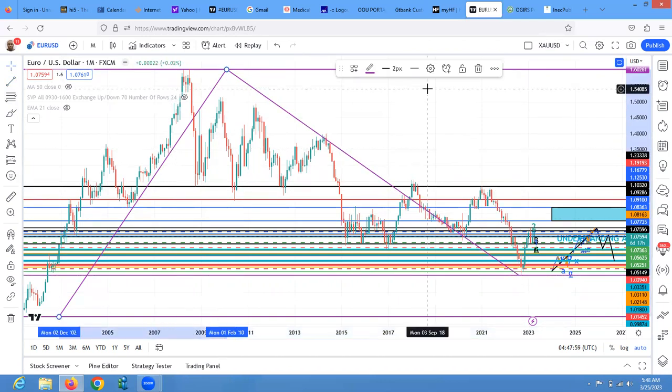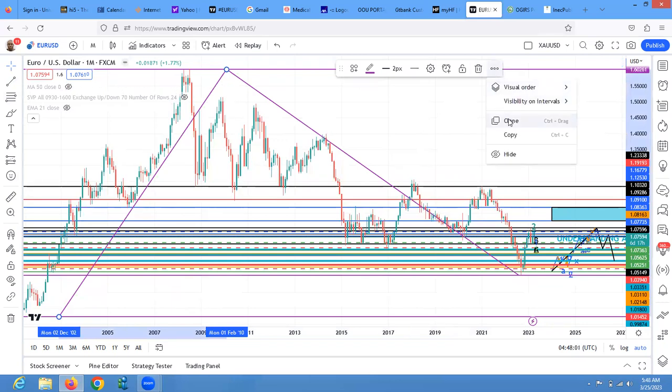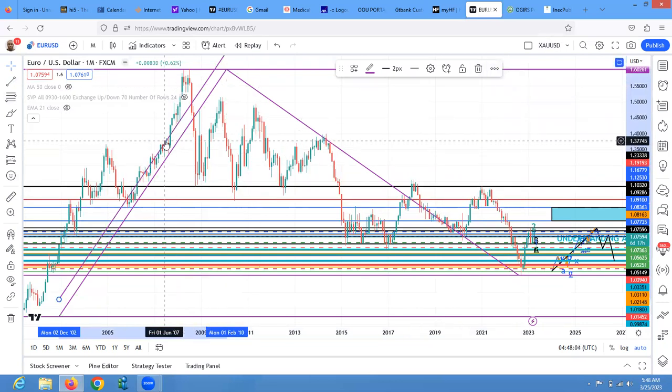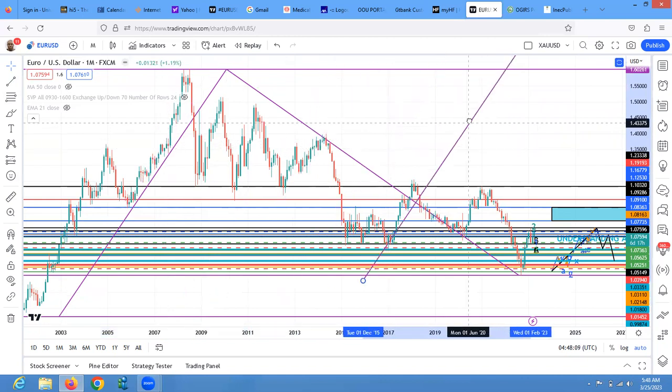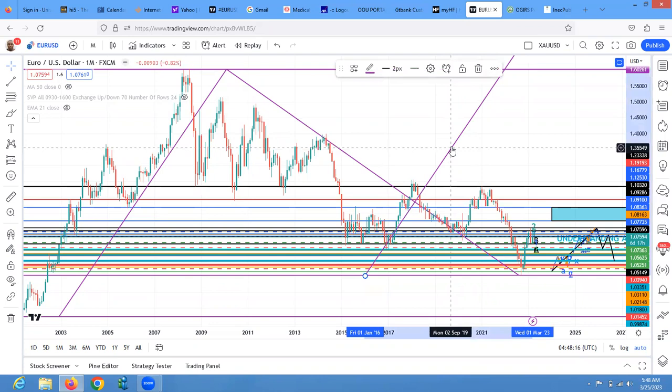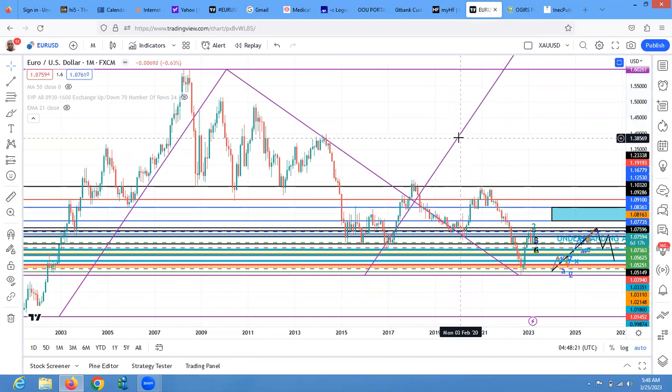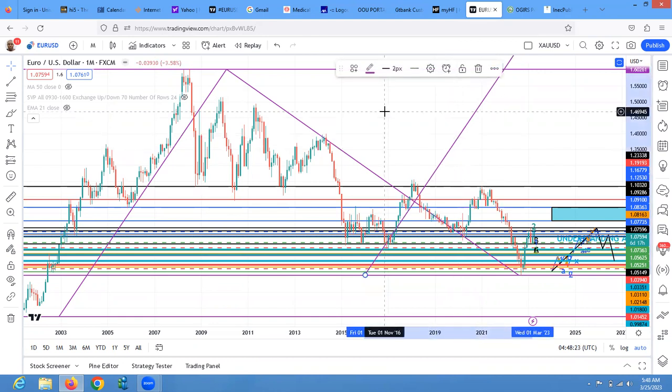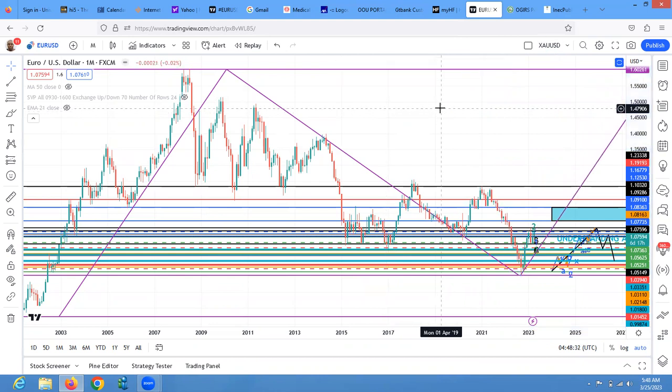Then we need to see at least another impulse. This is going to take over 10 years. Okay, so this is what I believe that we are trying to do now. That is what it looks like now, at least.